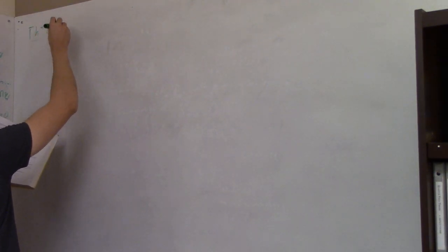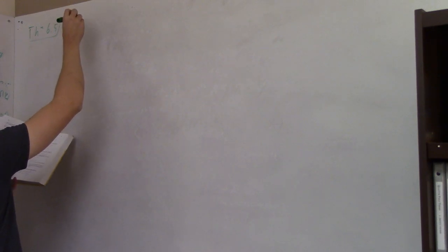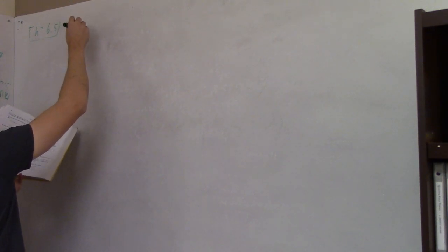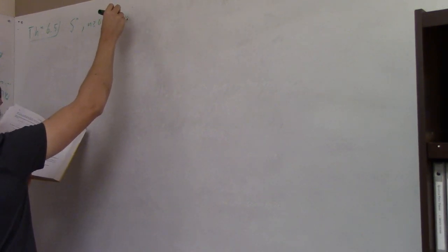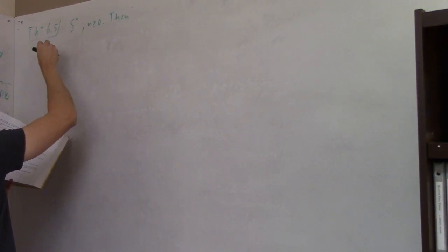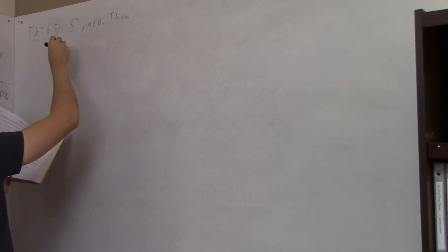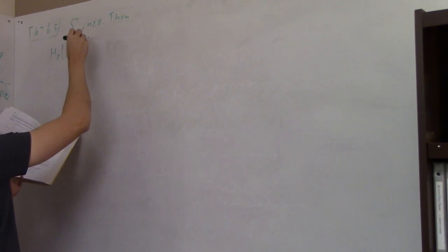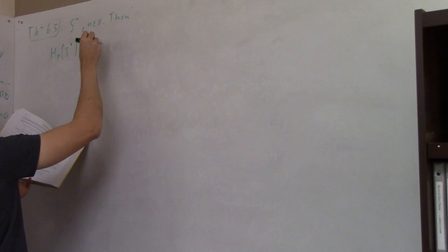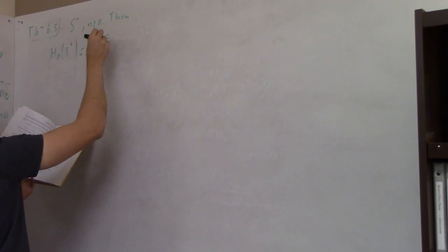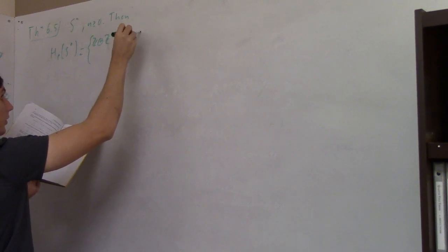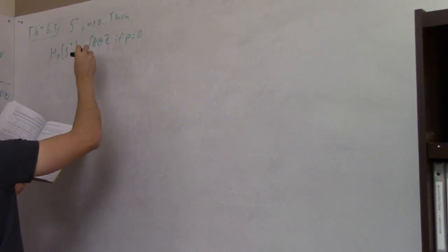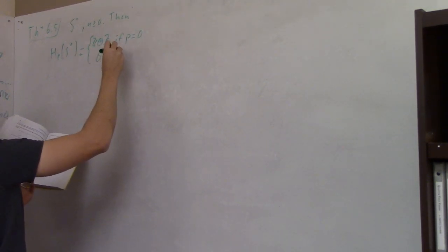We've got the sphere S^n, n greater than or equal to 0. Then H_p is equal to, approximately, something if p is equal to 0 or 0 if p is greater than 0.